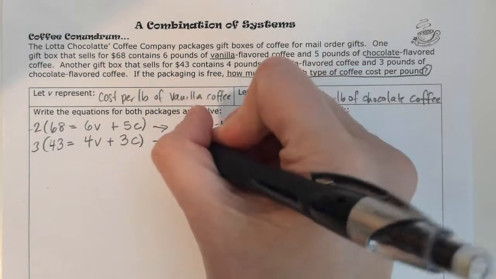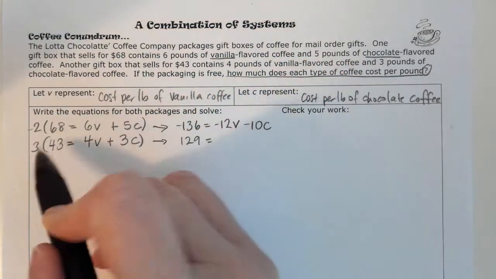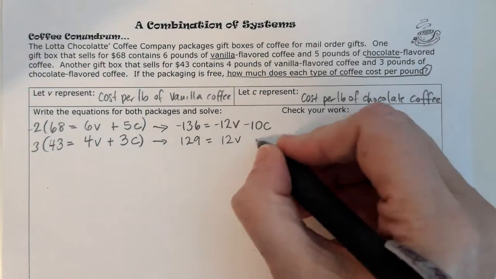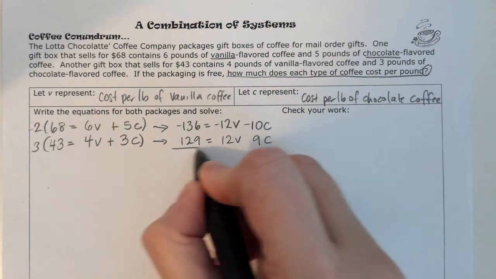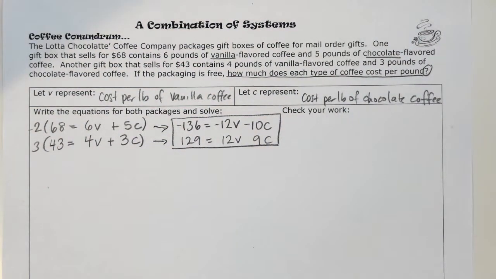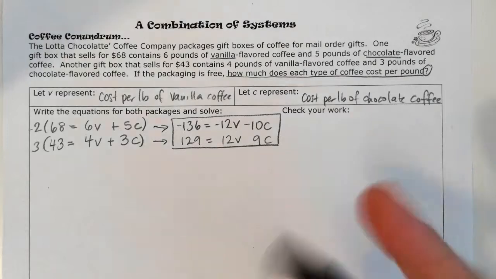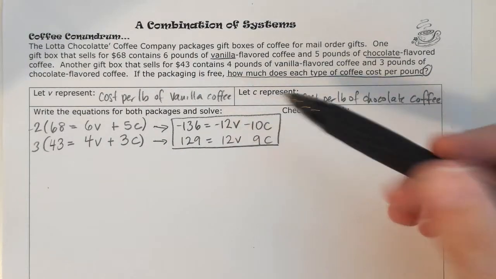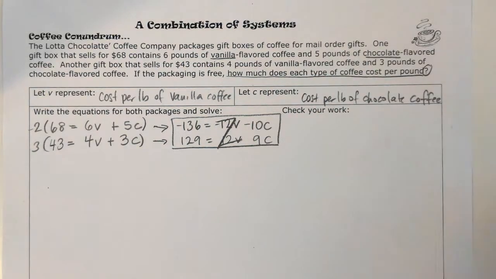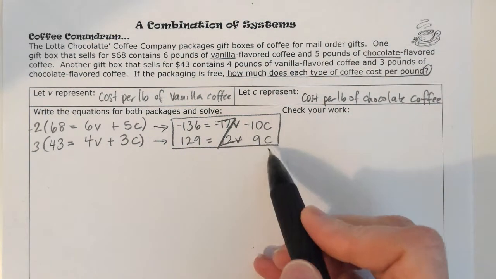This turns into 129. 3 times 4 is +12v. 3 times 3 is 9c. Now this is what I'm working with. Do I have a zero pair? Yeah, I've got a zero pair right here. So that zero pair zeroes out, and I'm left with only c variables.